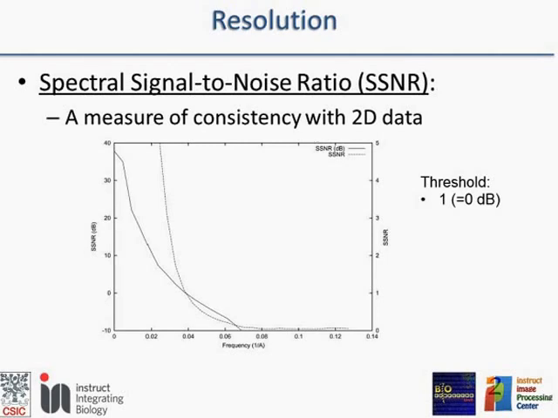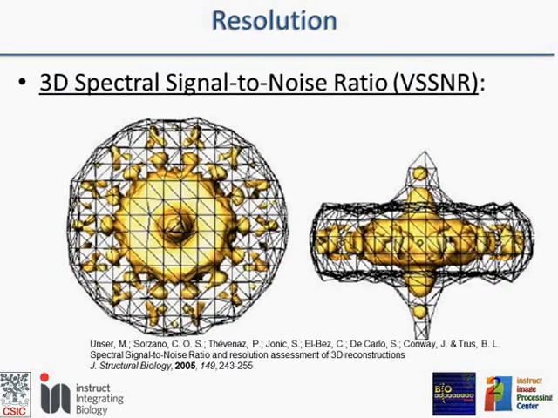You have the full 3D information in Fourier space. So you have the full distribution of what is the spectral signal-to-noise ratio for all possible directions in your Fourier space, and you would get something like this. This is the Fourier representation of the spectral signal-to-noise ratio, and we have here two thresholds just for illustration.